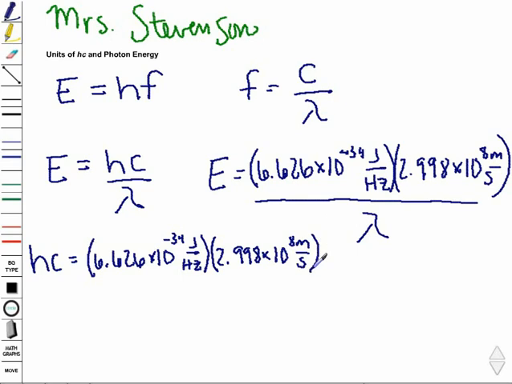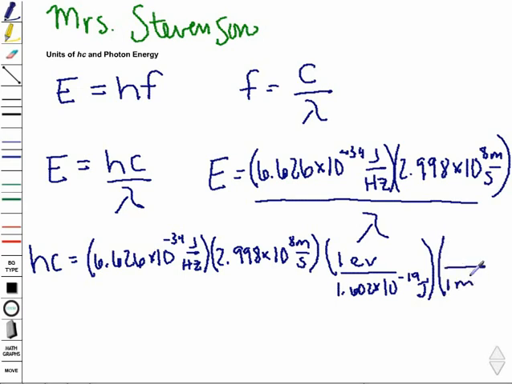But we're also going to use the conversion that 1 electron volt is represented by 1.602 times 10 to the minus 19 joules, and that 1 meter for our meters per second is represented by 10 to the 9th nanometers.